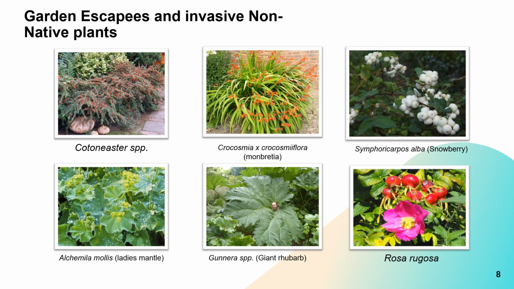The next one here is Rosa rugosa. This one is mainly a problem in coastal areas and in dunes. Now dunes, again, we've got some of the most biodiverse dune systems here in the UK. One of them I know up in Cumbria, which is under threat from various different issues, but obviously invasive species is a huge one.